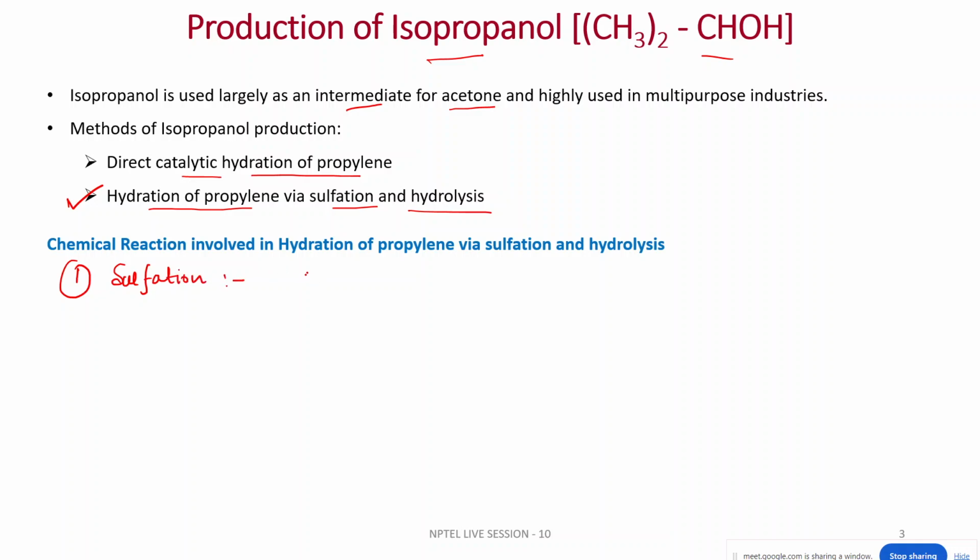In this process, propylene reacts with sulfuric acid and gives isopropyl acid sulfate, whose chemical formula is like this.